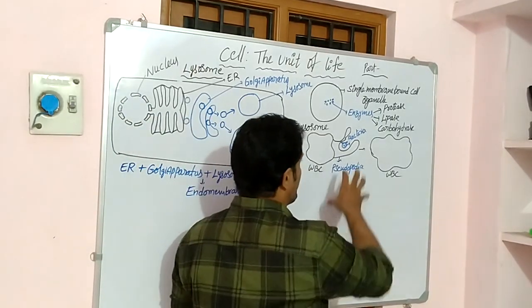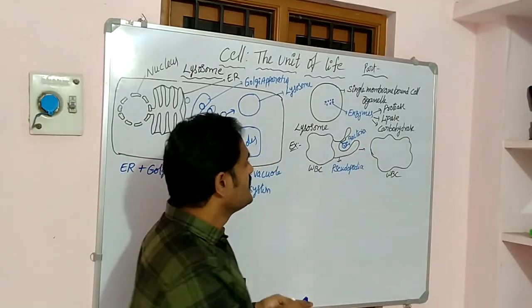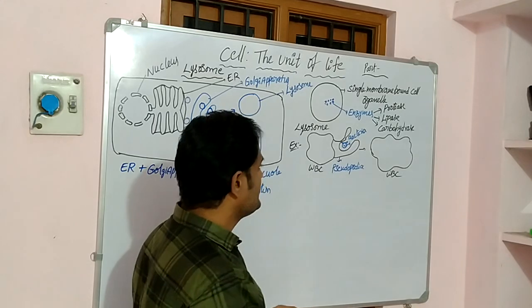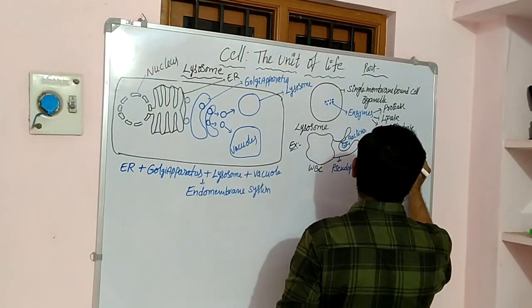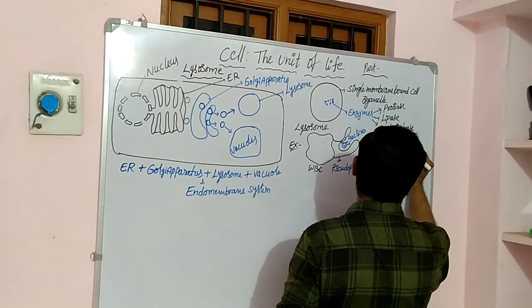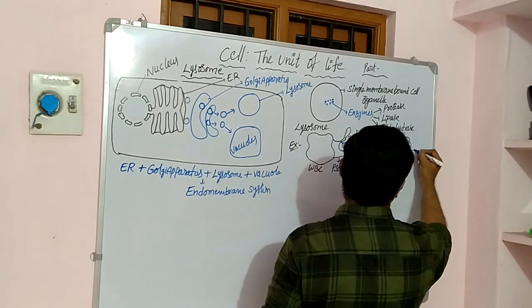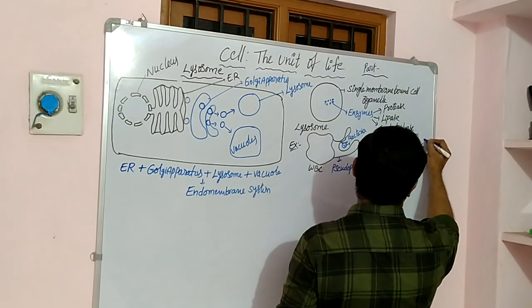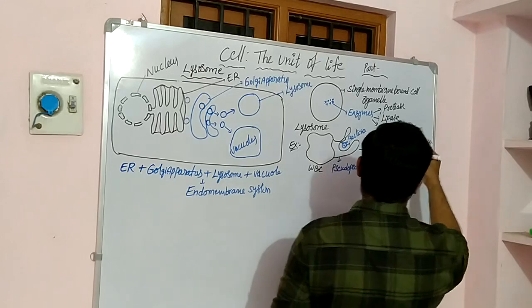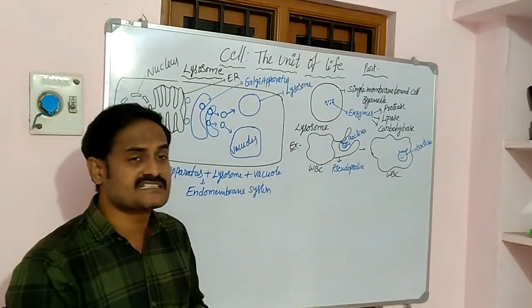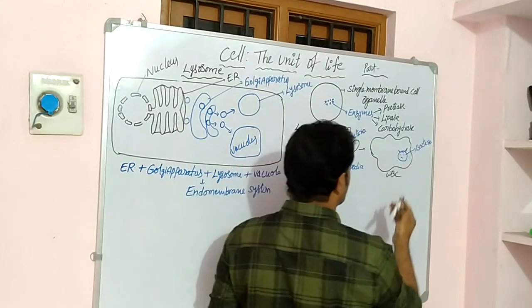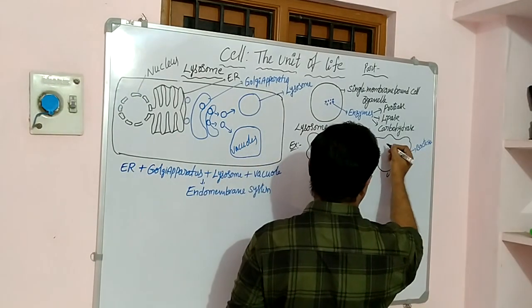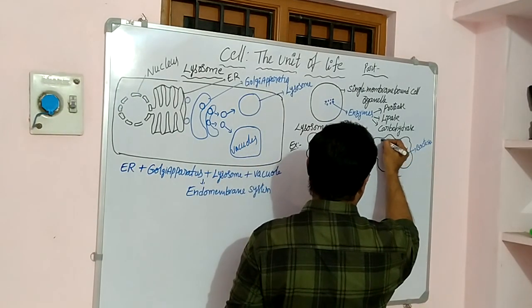So the white blood cell movement is similar to the amoeba cell. Once it catches the bacteria, the bacteria enters into the inside of the white blood cell like this. Already, inside the white blood cell there is a lysosome.